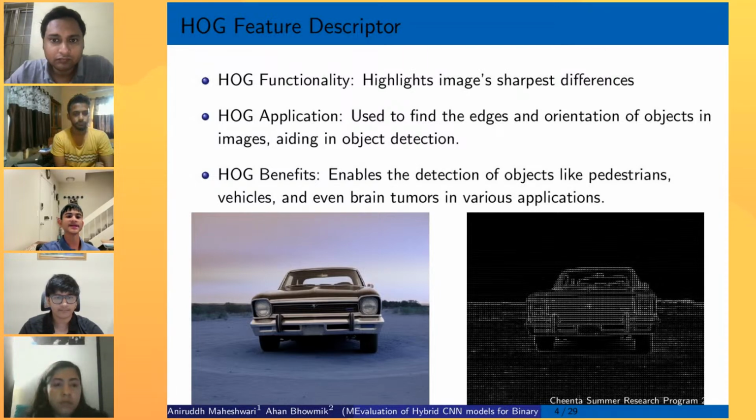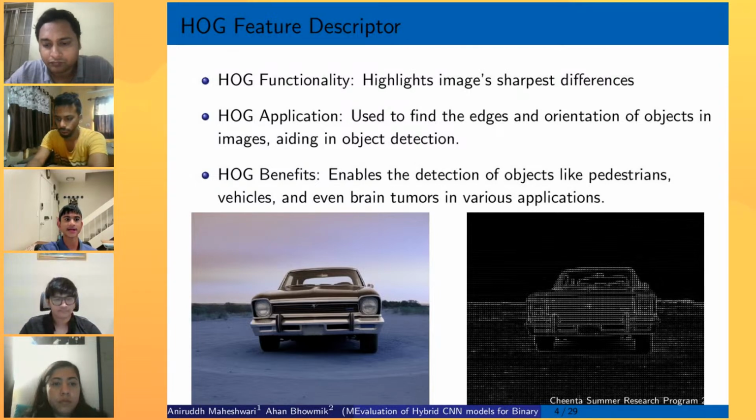We decided to use this feature descriptor because it's good at detecting brain tumors in brain MRIs where the brain tumor is small and isolated and its edges are visible and apparent. Next slide.